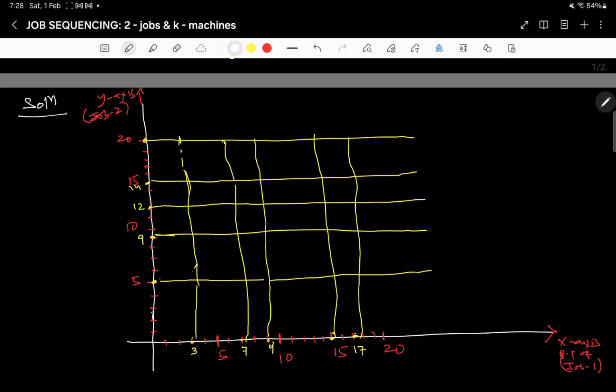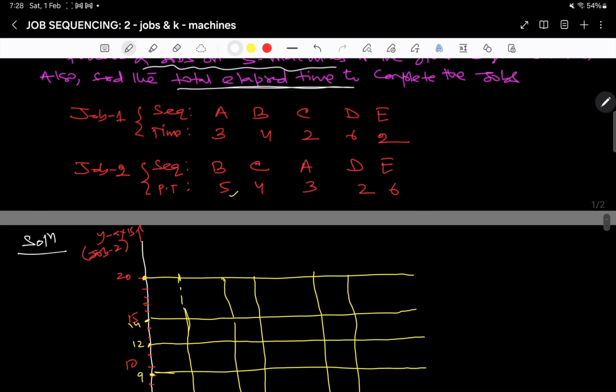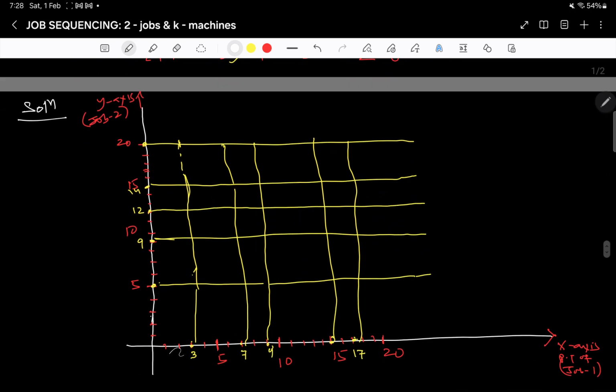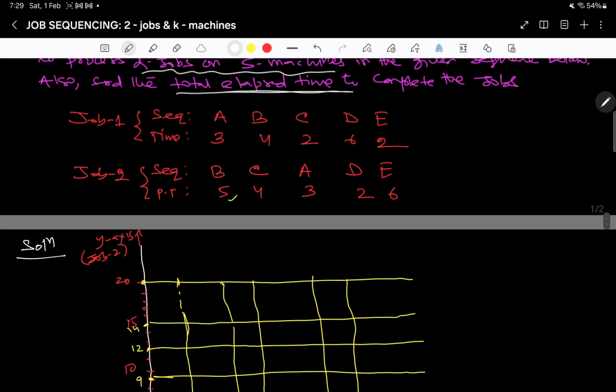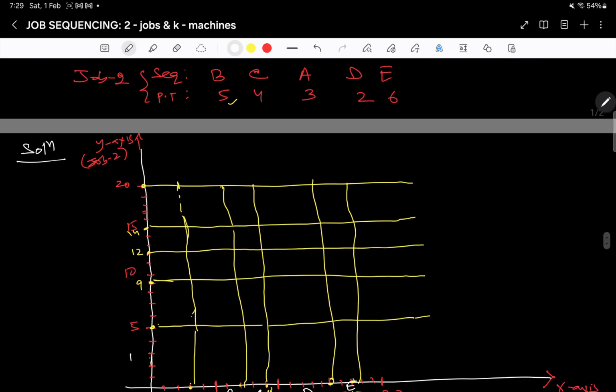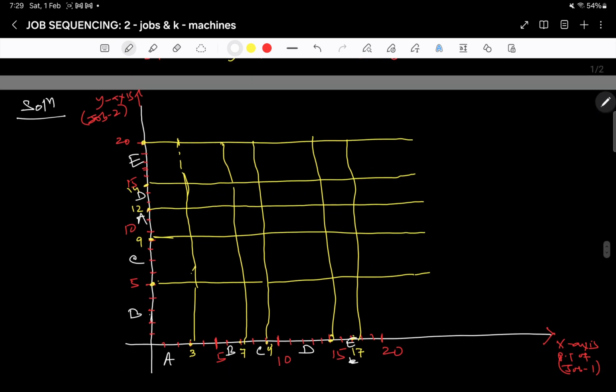Then you pair the regions, just mark the regions here. It is A, B, C, D, E. It is A, it is your B, it is your C, it is your D, and it is your E. In this order it is being done. Then along job 2, B, C, A, D, E. You pair the same machines here, same jobs here.